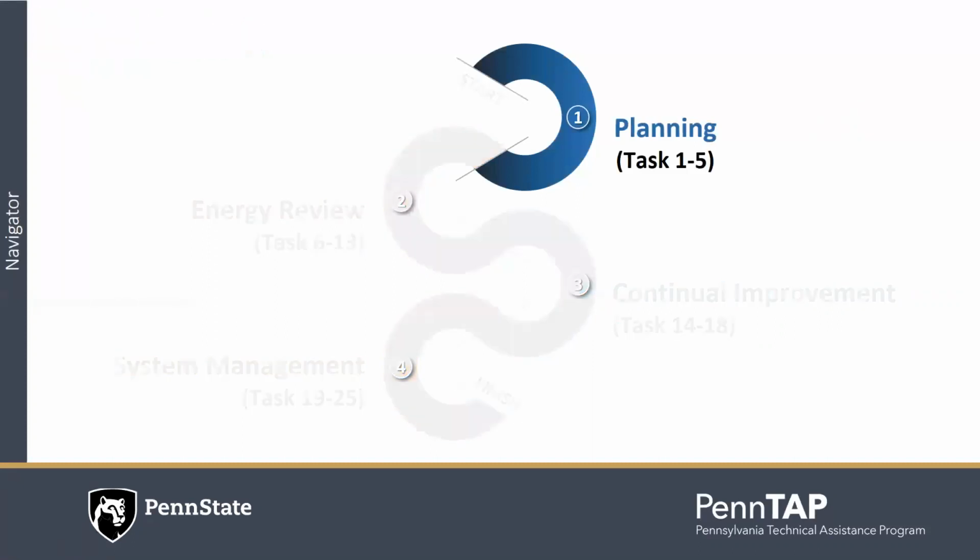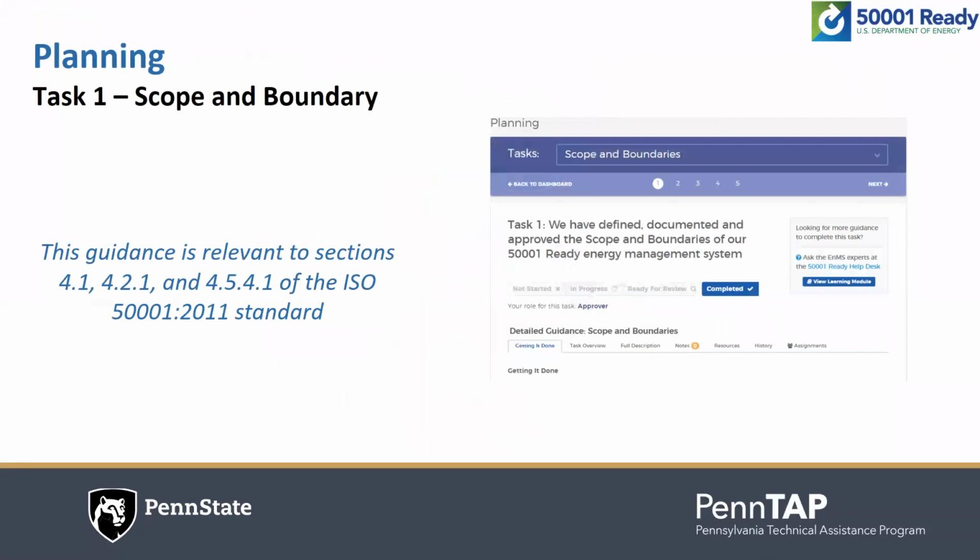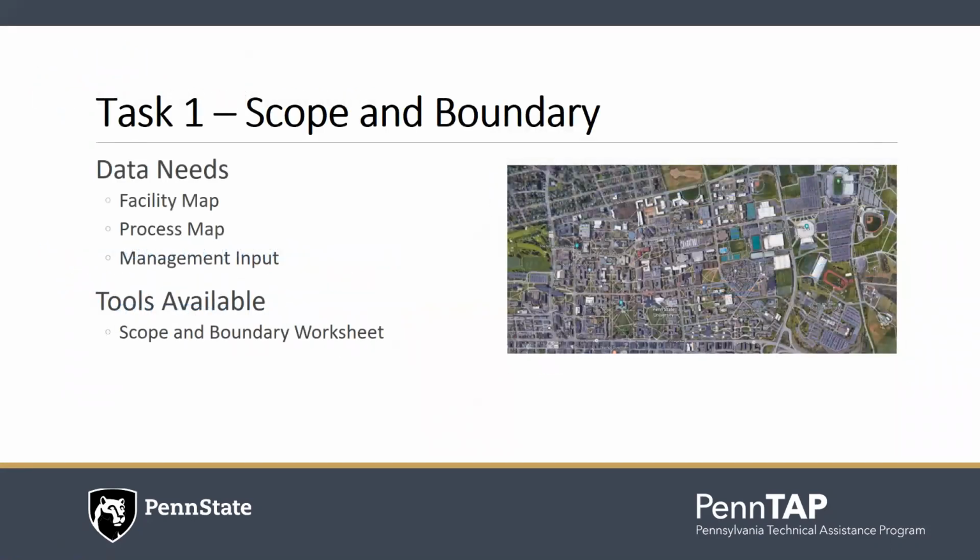So we'll start with planning, which is task 1 through 5. The very first task is to figure out the scope and boundary of the facility. So what do we mean by the scope and boundary? It's what will be covered under the EnMS. And the first place I think is the best to start is a facility map.